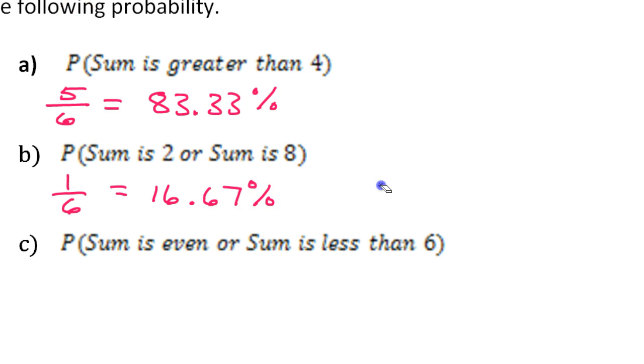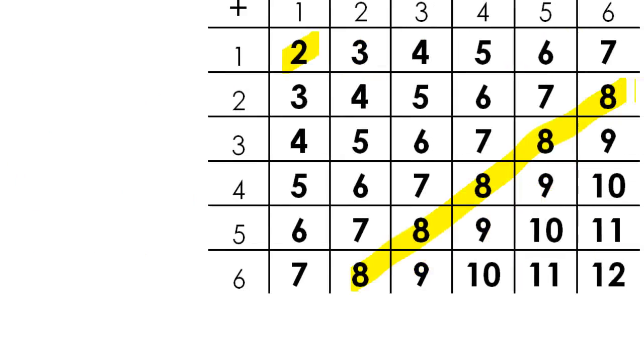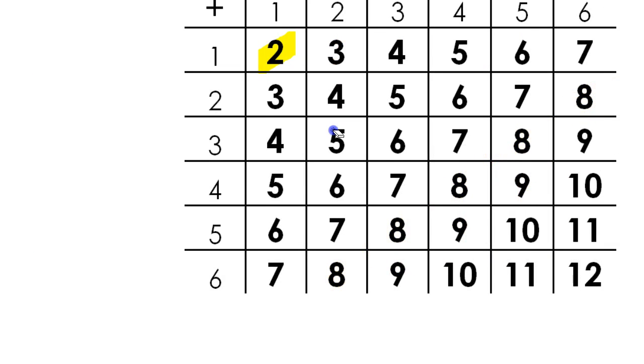All right, now find the probability that the sum is even or less than 6. Even would be these.